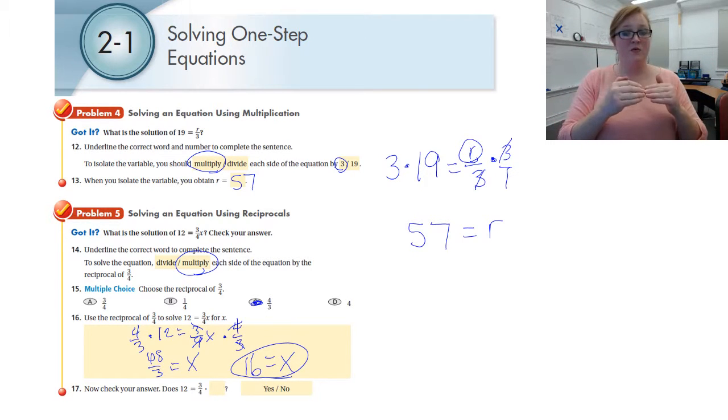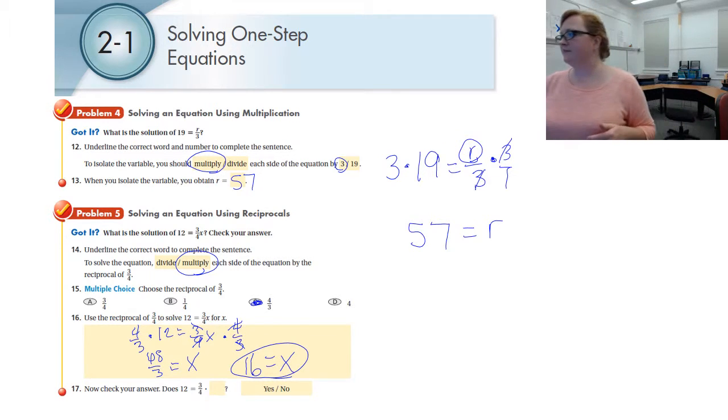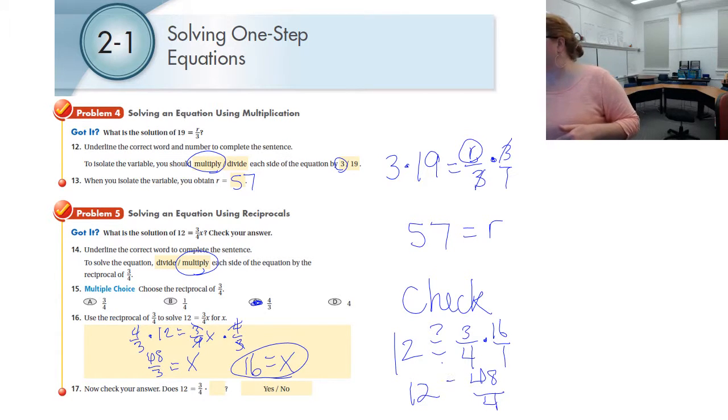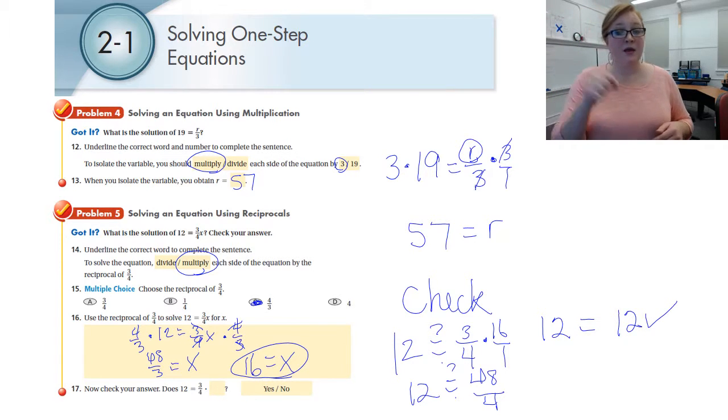Does 12 equal 3/4 times 16? Let's check. Yes, the solution checks. 12 is equal to 12. The answer for x is 16.